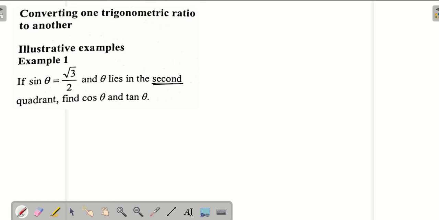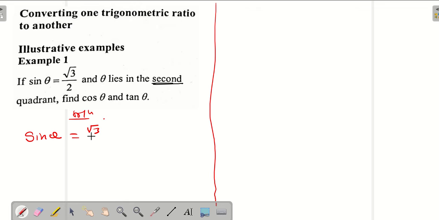So, solution. Let's start with sine theta. Sine theta is equal to root 3 over 2. Now we know that sine theta is equal to opposite over hypotenuse.